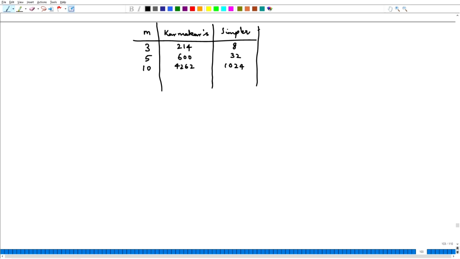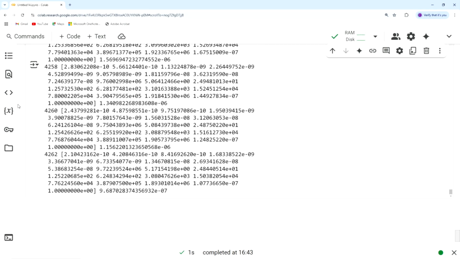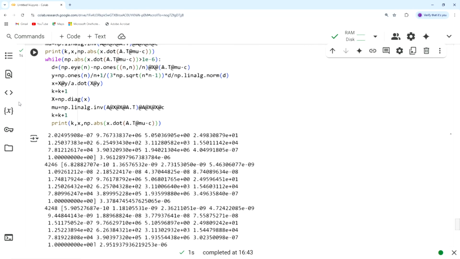But one thing you should have noted is that the number of steps Karmaker's algorithm took in comparison with simplex was much higher. It is roughly 4 times that of simplex when you put m equal to 10. That is understandable. So let us try some higher values as well, maybe m equal to 12.